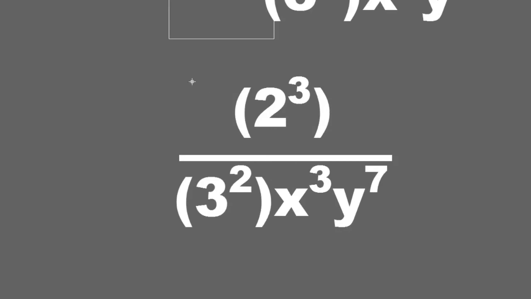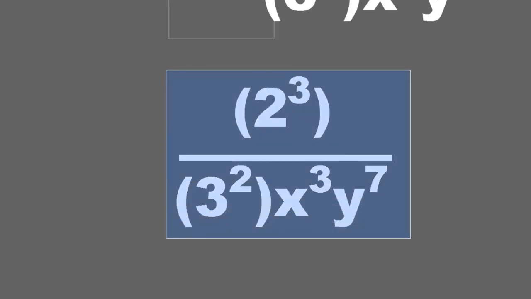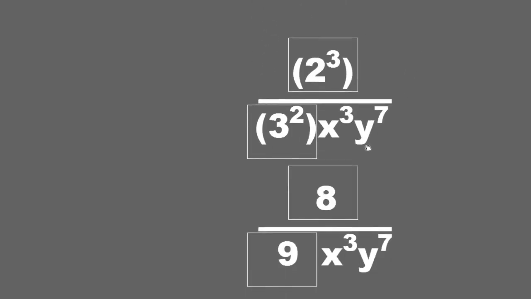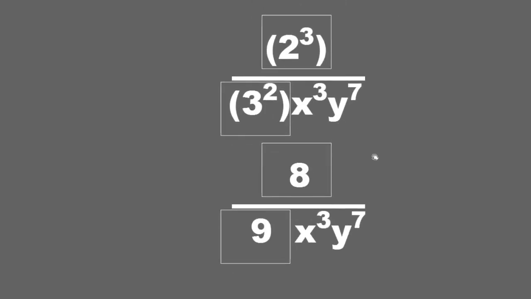Now I just rearrange it so that it looks a little nicer. And what I end up with is 2 cubed on the numerator, and in the denominator 3 squared, x cubed, and y to the power of 7. I can leave it like this, or I can just perform that multiplication. 2 cubed is just 2 times 2 times 2, which equals 2, 4, 8. 2 cubed is 8.